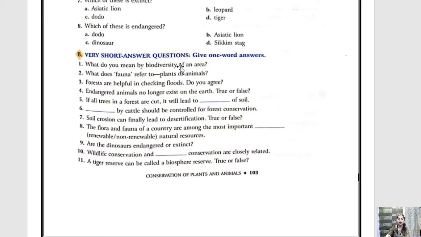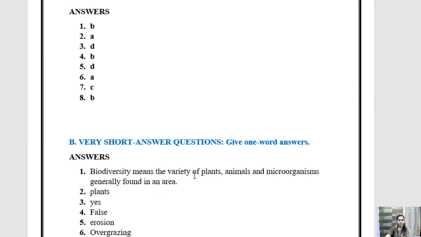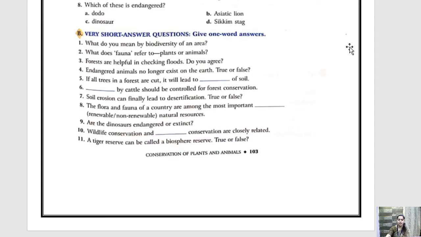The answer is written here: biodiversity means the variety of plants, animals and microorganisms generally found in an area. So children, please write it down here in front of this question with pencil.